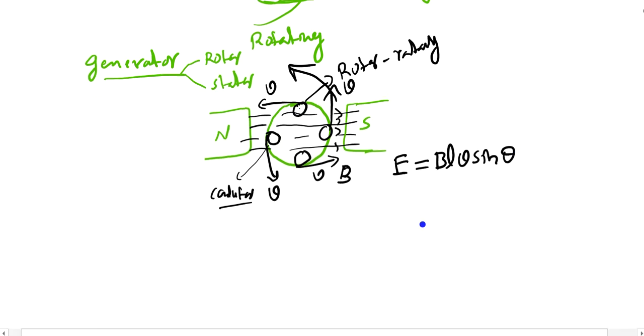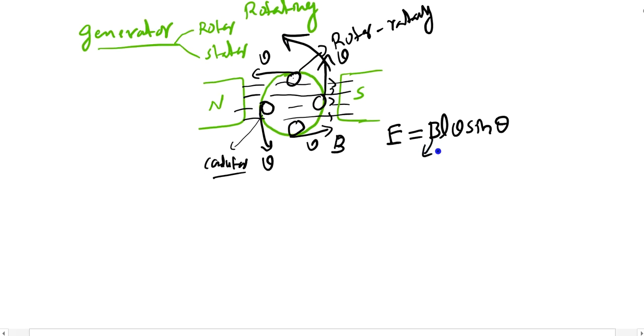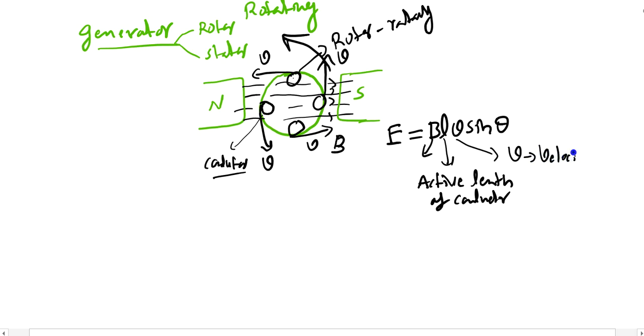Here B is the magnetic flux density, or magnetic field, L is the active length of the conductor, and V is the velocity of the conductor, how fast it is rotating.